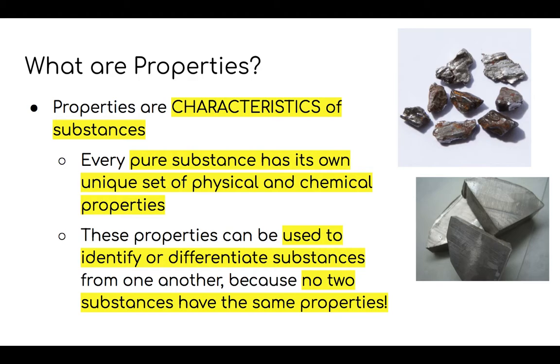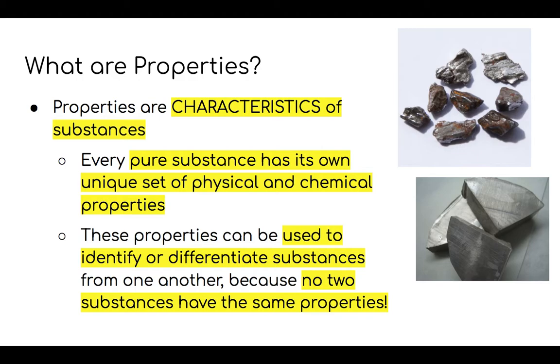So every pure substance, meaning every element and every compound, has its very own unique set of physical and chemical properties. What we mean by unique is that this set of properties is only possessed by that substance, and its set of properties is different from the properties of every single other substance in the universe.